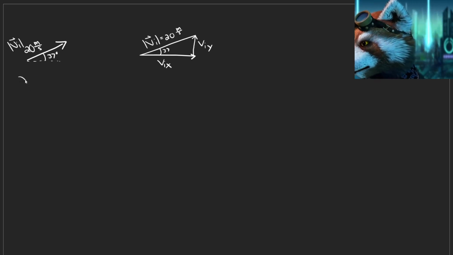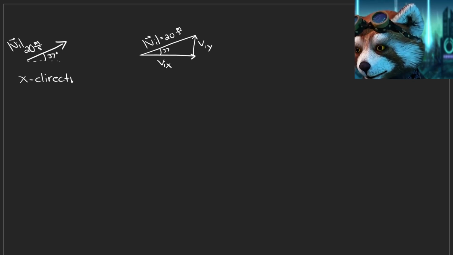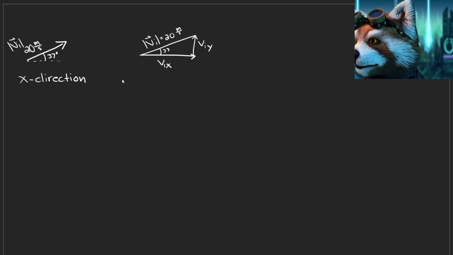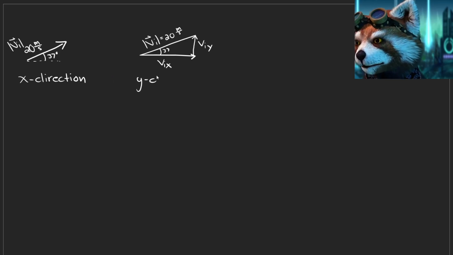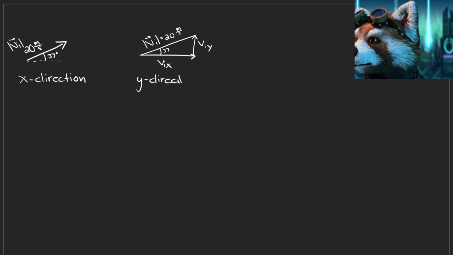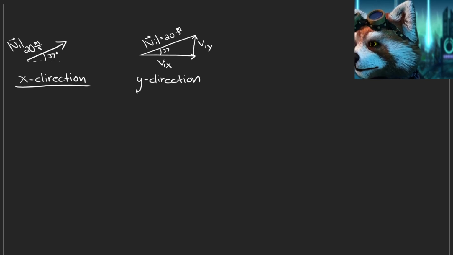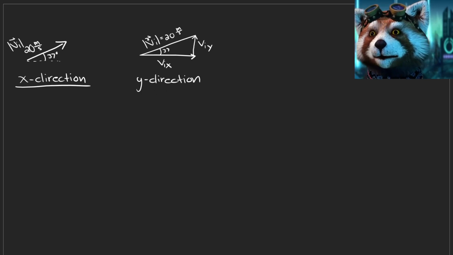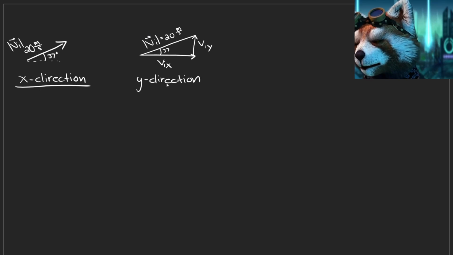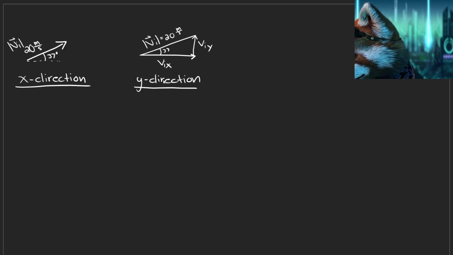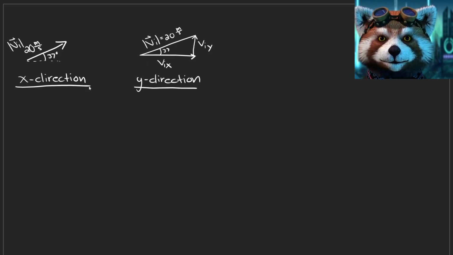So we have the x direction, and we also have the y direction. Everything under this x direction is going to be in terms of the horizontal components, and the y direction in terms of the vertical components. So we can list our variables.